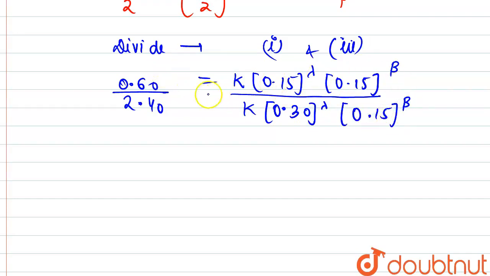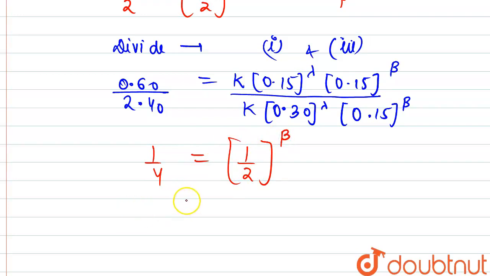Again, we have compared first and third because here the concentration of the second reactant, chlorine, remains constant while that of NO is changing. So on solving this, it comes out to be 1 by 4 is equal to (1 by 2) to the power alpha.